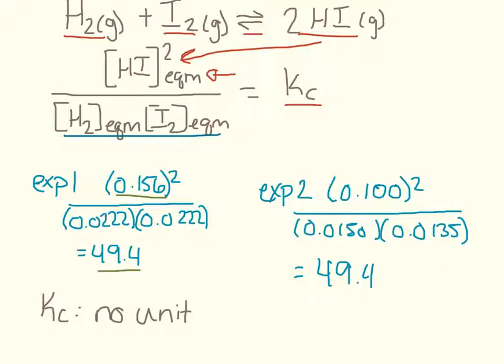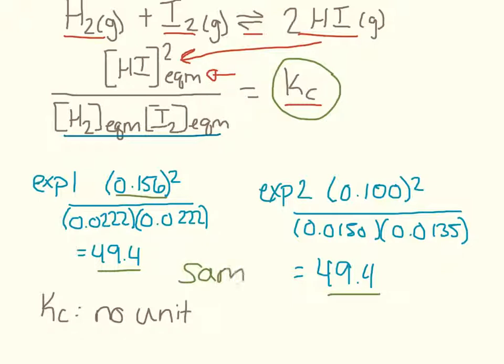We did the same thing, but starting with different initial concentrations, which gives us different equilibrium concentrations, but when you do the math, you still come out with 49.4 for your Kc value. That means that your equilibrium is at the same position.